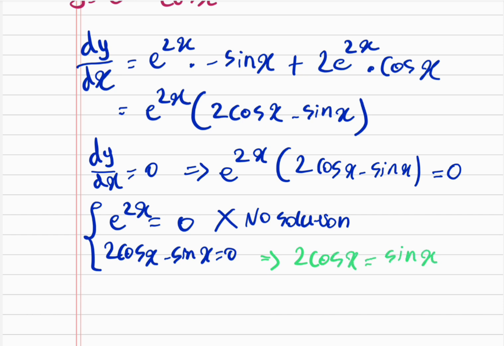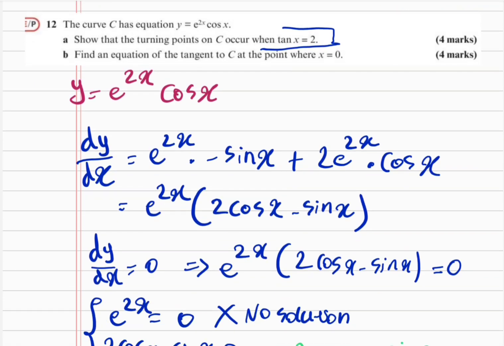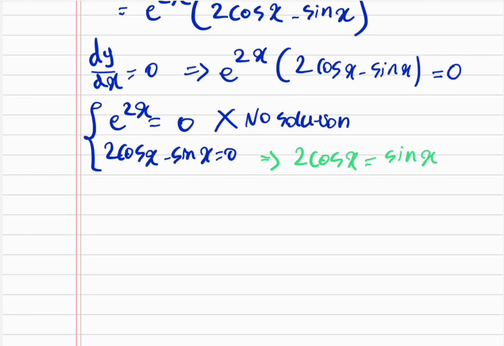And let's divide both sides by cos x, because remember that here we want to get to the form tan x = 2. So we need to make some changes such that we have tan on one side of the equation. And the best thing we can do is divide both sides by cos x to get tan x on the right hand side.